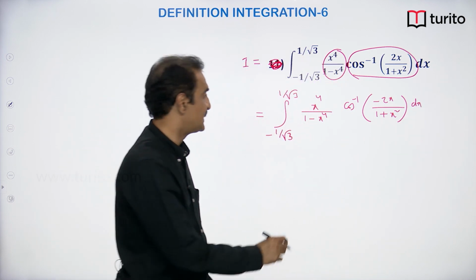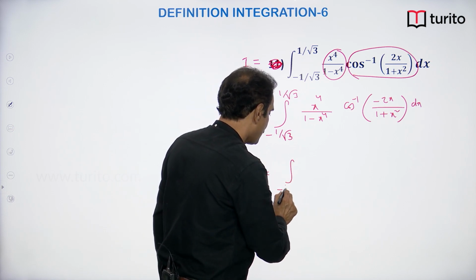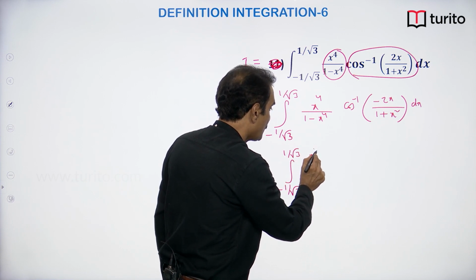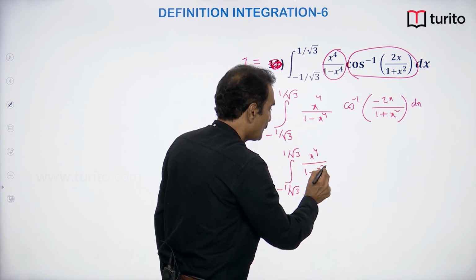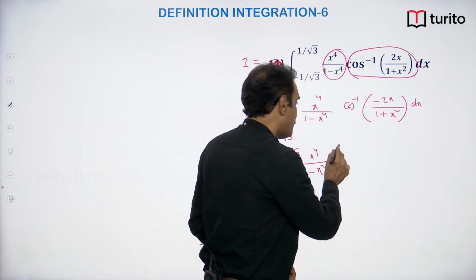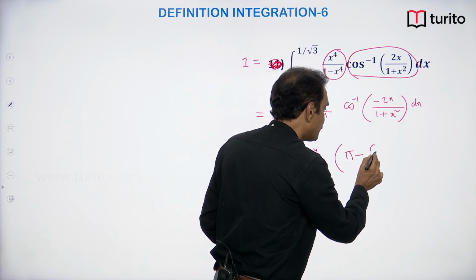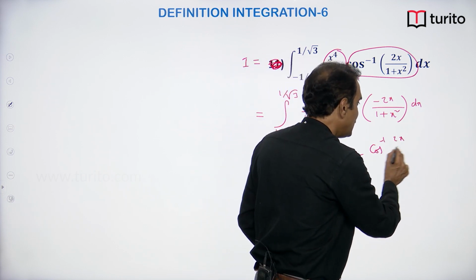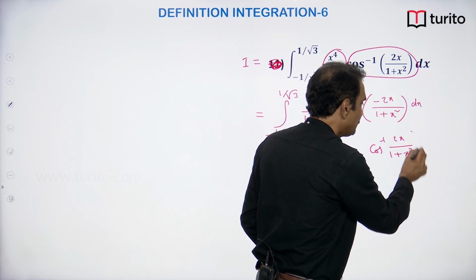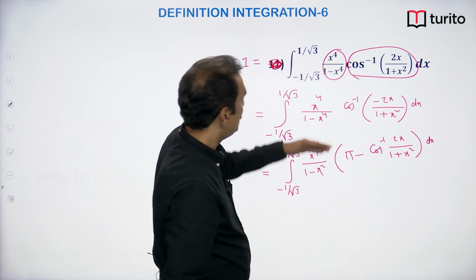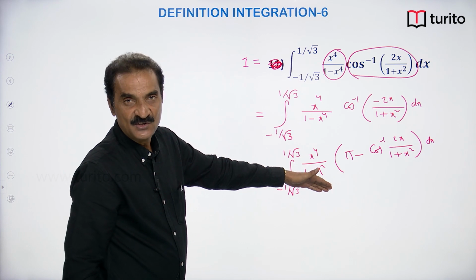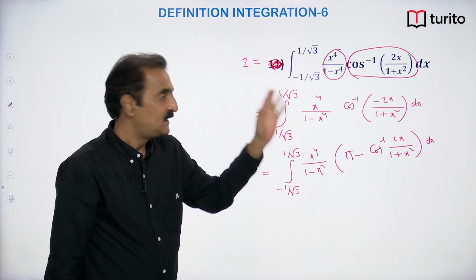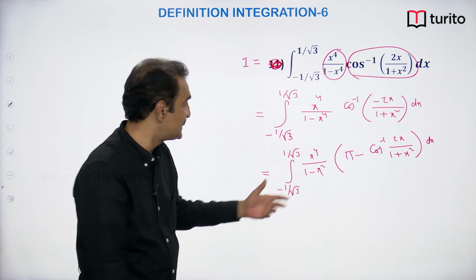Pi minus cos inverse x. So it will be pi minus cos inverse of 2x by 1 plus x square. Now adding this I and this I, 2I is equal to, this cos inverse term will cancel out. Remaining will be x power 4 by 1 minus x power 4.